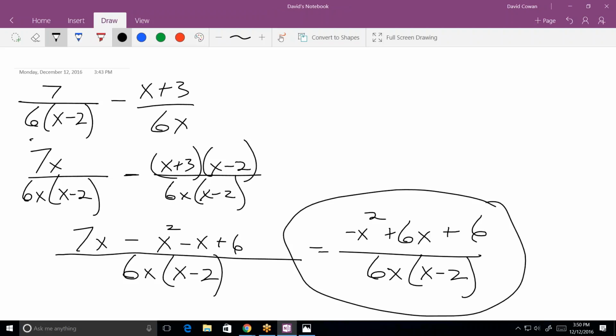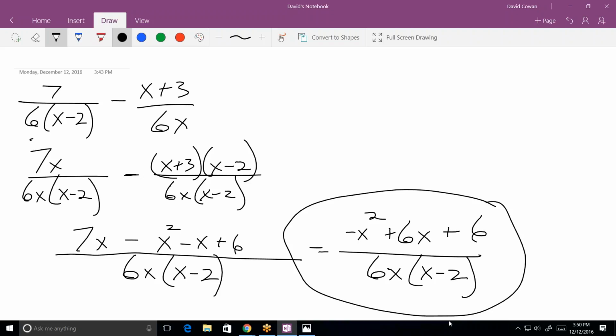It doesn't make any need to multiply the bottom because I don't see any. I'll just end up with a quadratic over a quadratic. So I'd rather leave the bottom factored because it's possible that this could have produced an x minus 2 factor. And then I could have really simplified it.